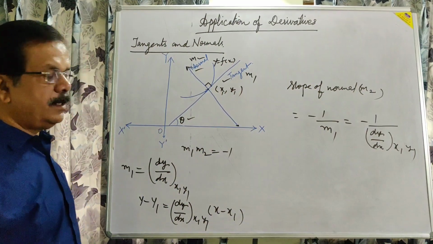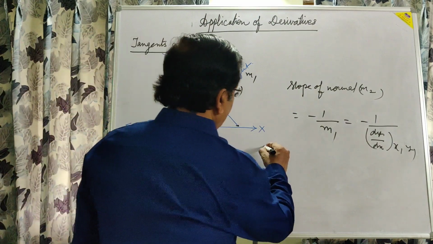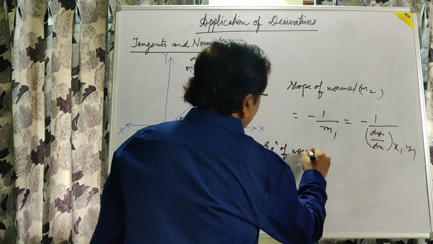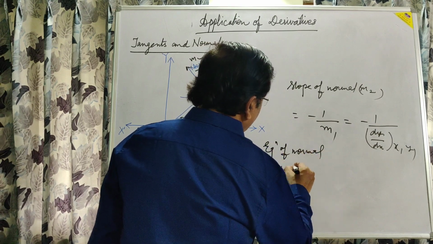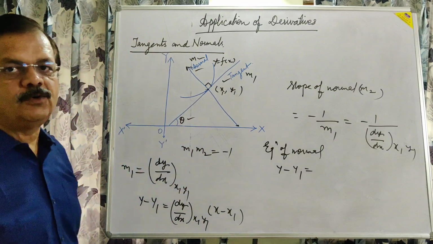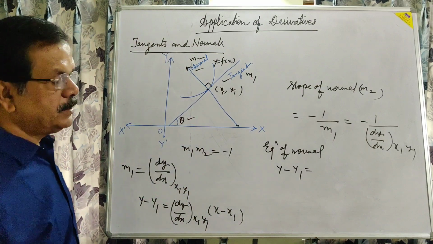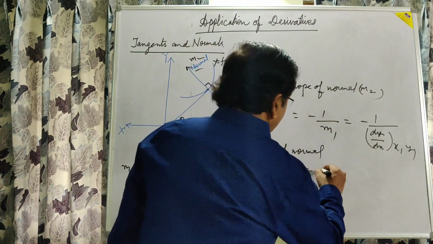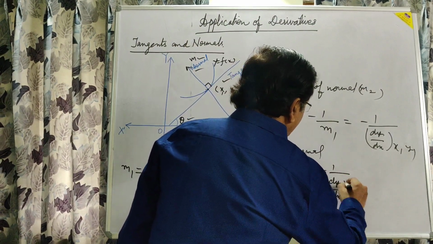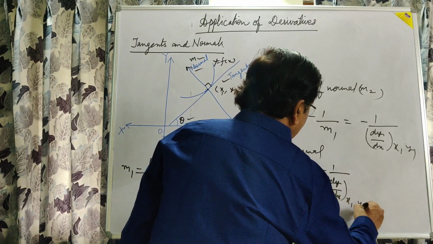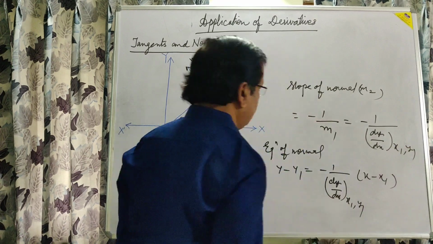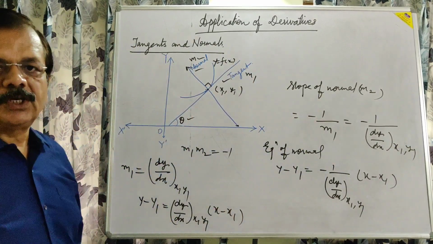Now again the equation of the normal, using the same point slope formula, will be y - y1 = -1/(dy/dx at (x1, y1)) (x - x1).